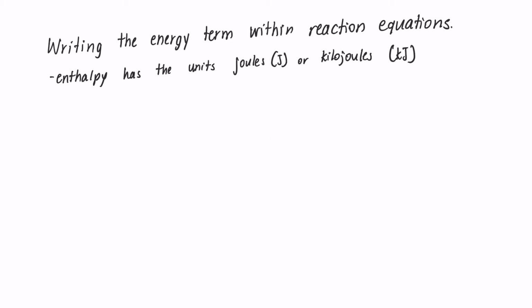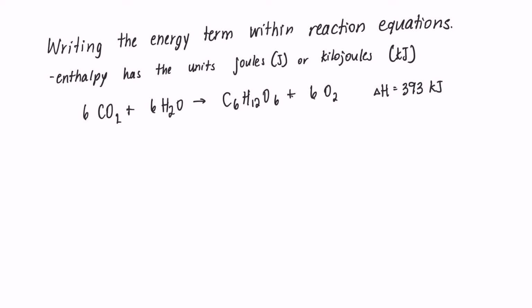Let's look at the energy term in a real chemical reaction equation. Let's take the reaction of carbon dioxide plus water to form glucose and oxygen. This reaction occurs with a delta H of 393 kilojoules.